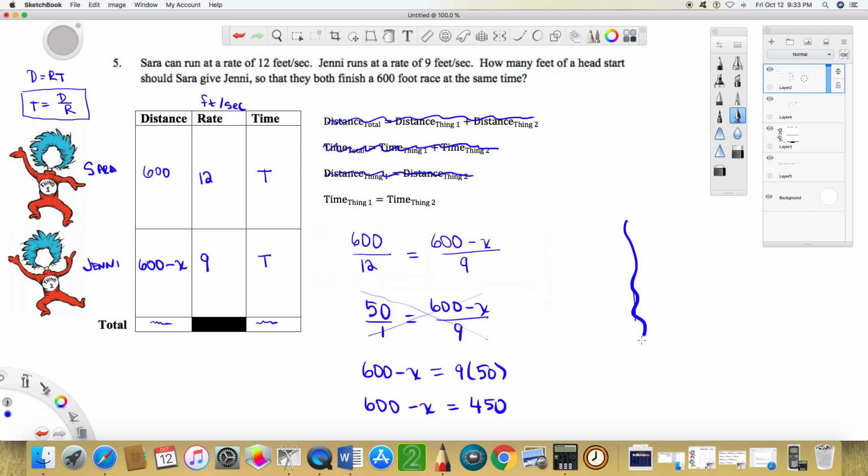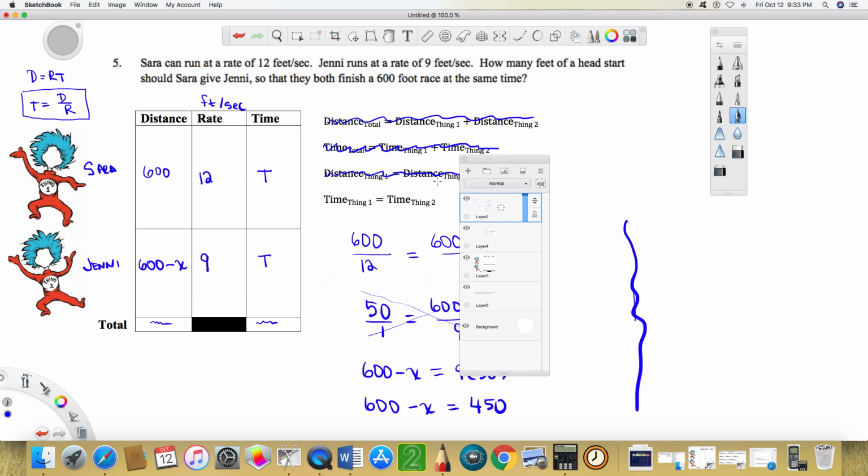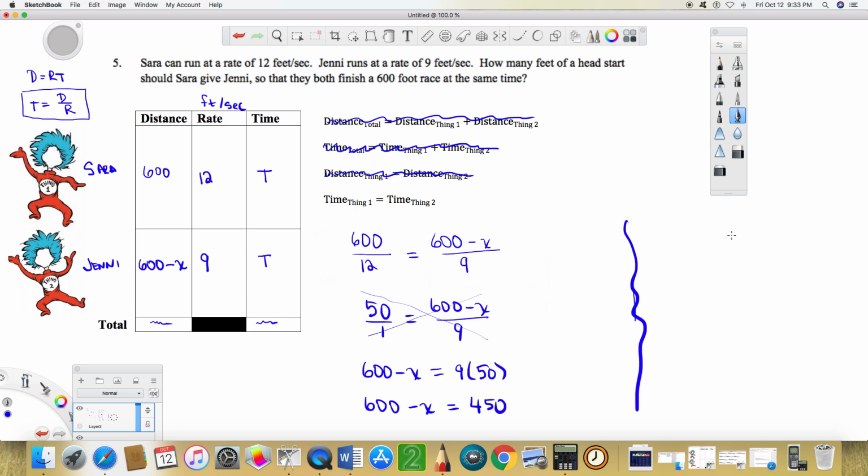And if I continue over here off to the side, I'll have 600 minus 450 is equal to x, or that x is equal to 150. So a 150-foot head start. So that's how far the head start is that Jenny's getting.